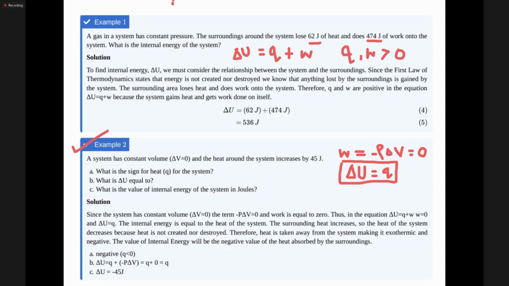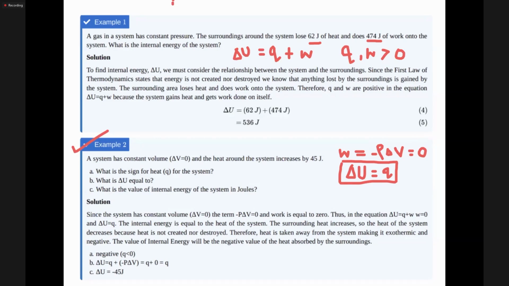Since the system is giving off 45 joules of heat, that means the system's heat will be decreased because heat cannot be created, it cannot be destroyed. If the surroundings is getting 45 joules of heat, that means the system is losing that amount of heat.